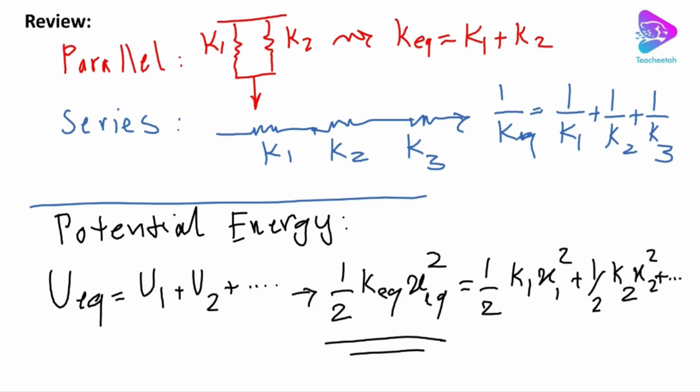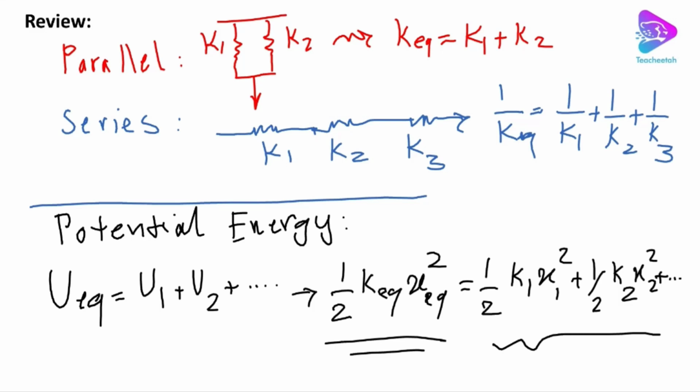So if you have multiple springs, you can find the deflection of each and then add the summation and set it equal to the potential energy related to the equivalent stiffness, and then simplify to find K equivalent. This is also a very common method to find the spring constant, especially when we have the combination of linear and torsional systems.